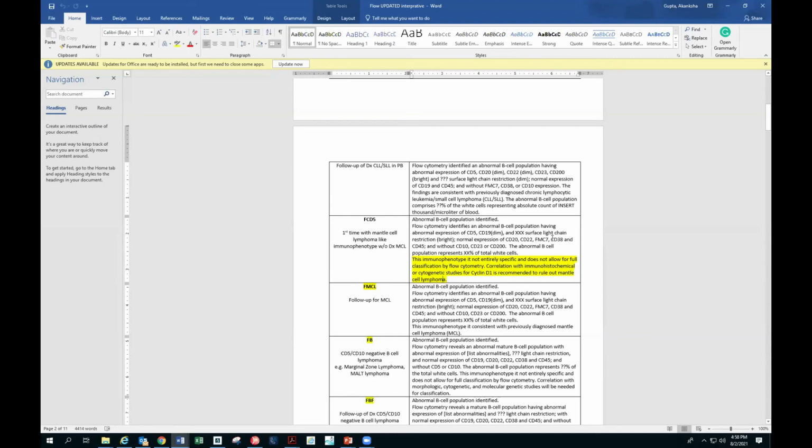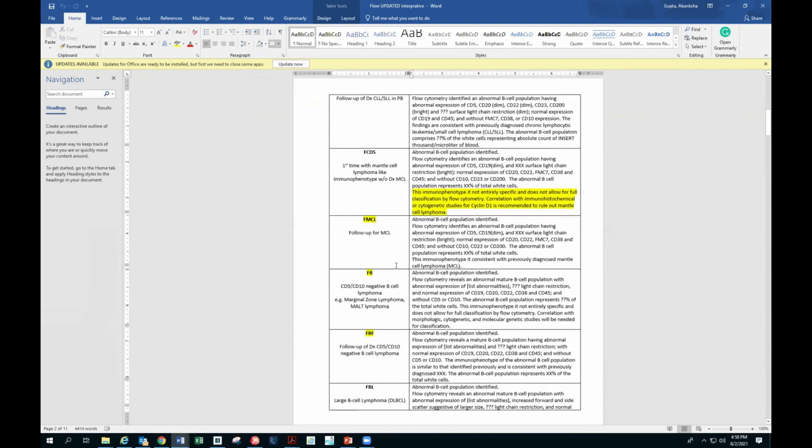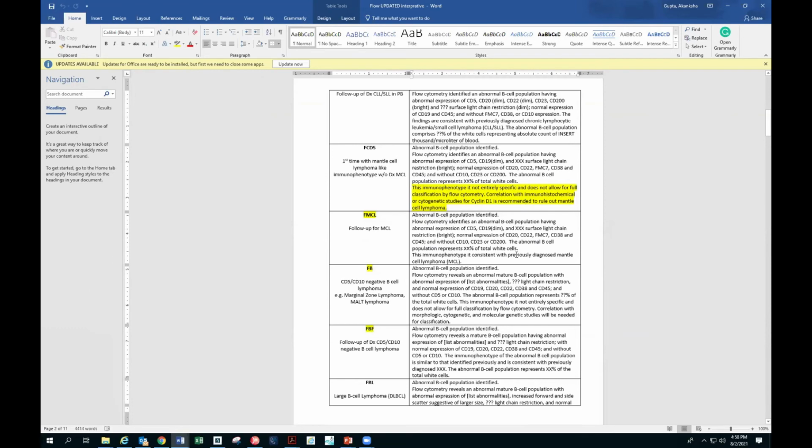So though they mentioned that there is FMC7, there is no 23, there is no 200, so we know that it is mantle cell, but they would add this comment that correlation with cyclin D1 is recommended, and they would throw in there the mantle cell name, but they would say that this is needed for ruling out mantle cell. Follow-up of mantle cell, they would say that it is consistent with the previously diagnosed mantle cell along with the other things.